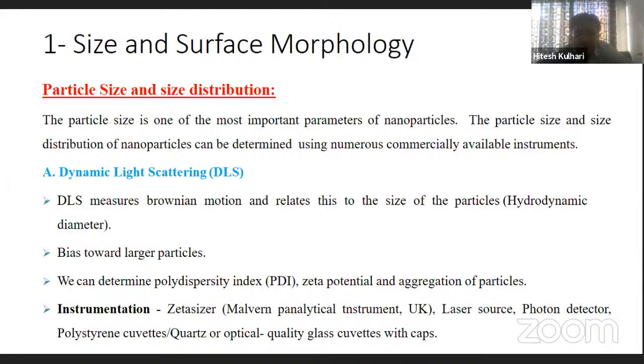If our sample has different sizes of particles, like 5 nanometer, 10 nanometer, 30, 200, 500, then it will be a polydispersed system. If all the particles have the same size, then we call it a monodispersed system. Usually we like the monodispersed system, where all the particles should be of the same size. So we can determine this polydispersity index using the DLS.